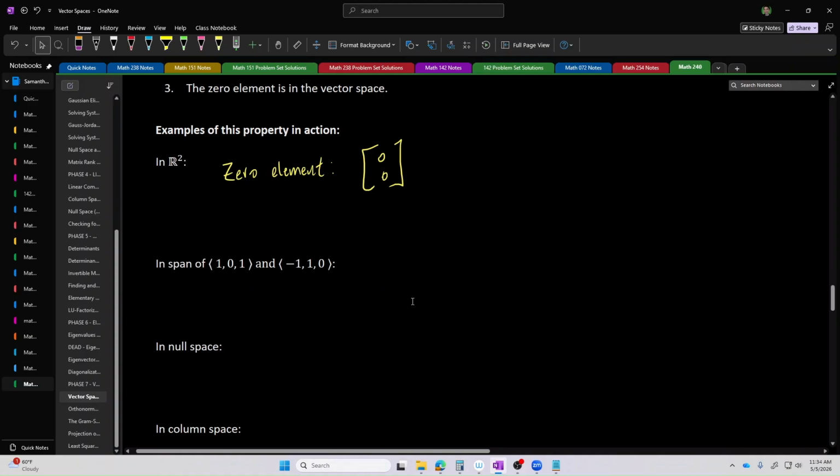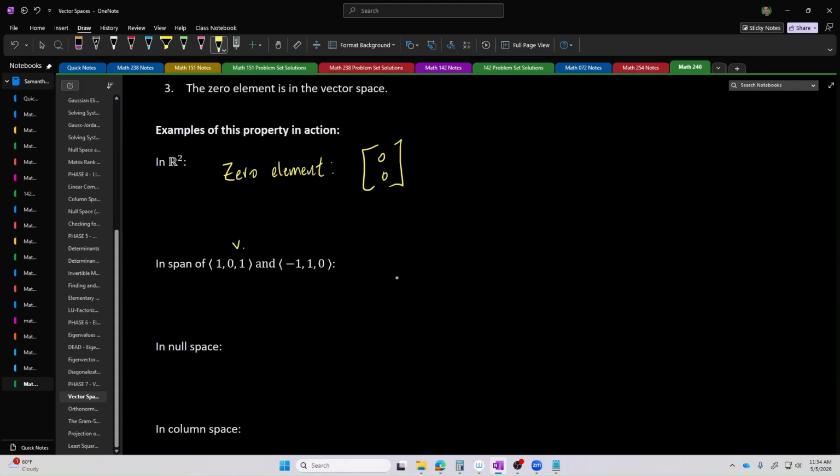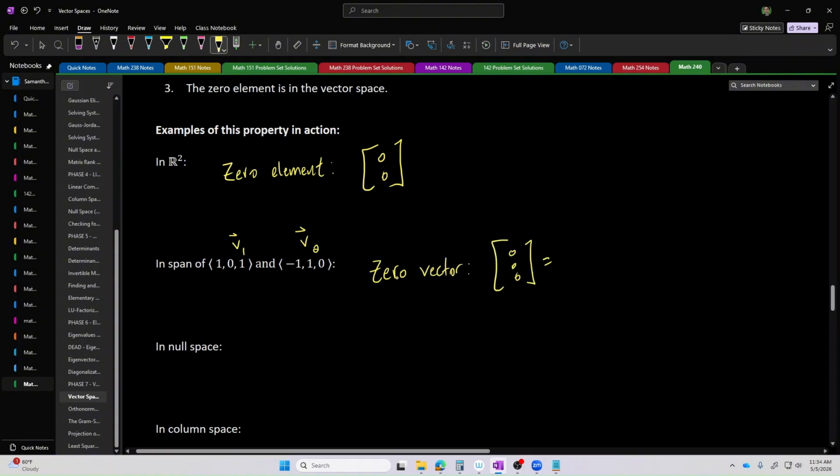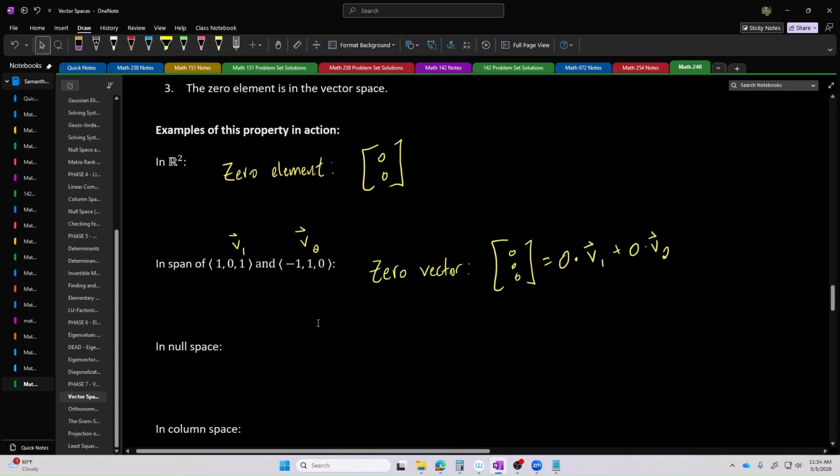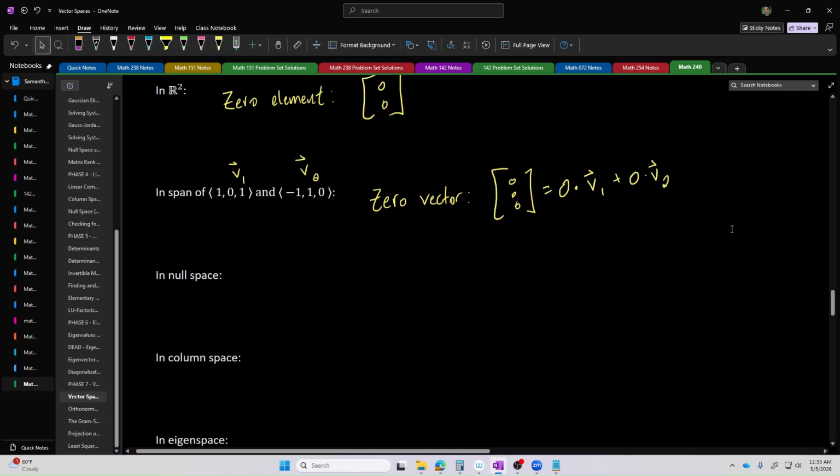In the span of (1, 0, 1) and (-1, 1, 0), the zero element is contained in that span because the zero vector can be constructed by combining 0 times v1 and 0 times v2. So the zero vector is a linear combination of v1 and v2, which means that the zero vector is in the span.